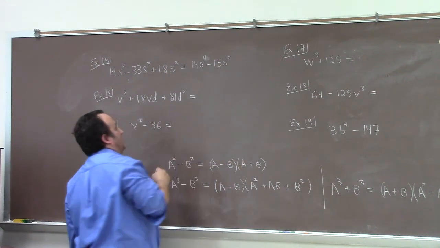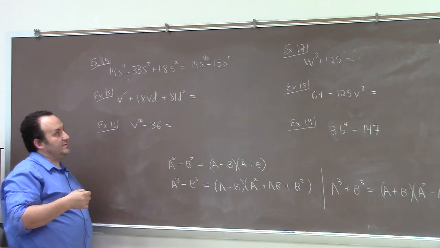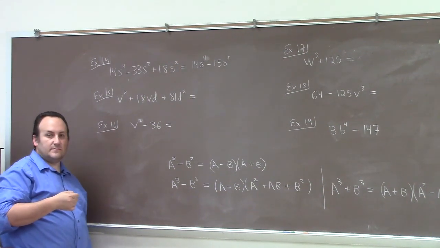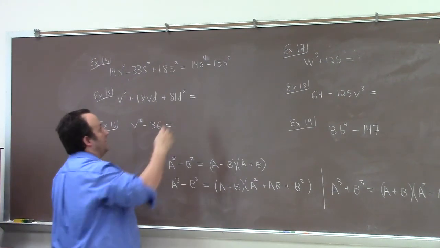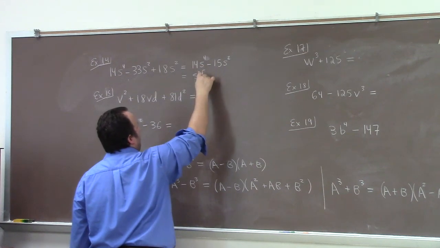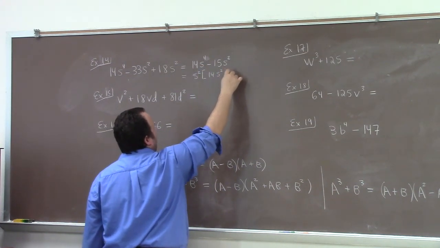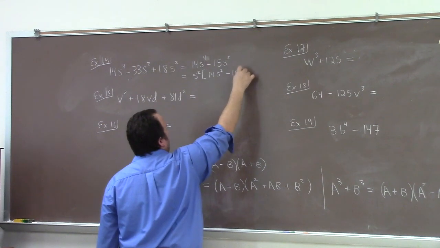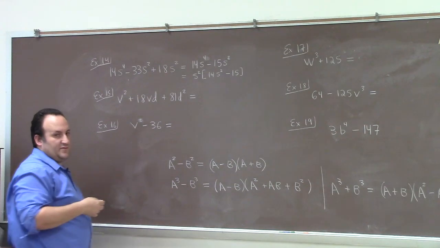So we've got minus 15s squared there. And then what can we do in terms of factoring this one? Not much, right? I can pull an s squared out. Now, I guess I could factor that further if you wanted me to.